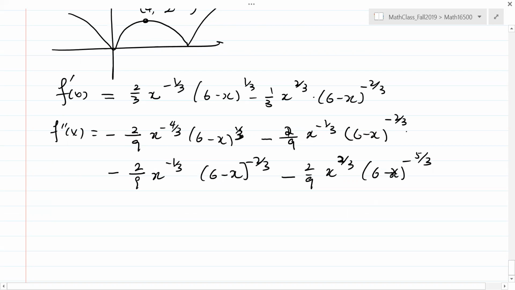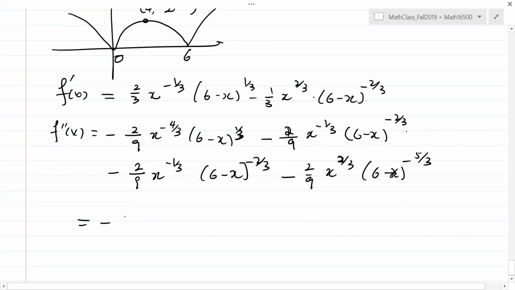So all the terms are negative, at least between 0 and 6, right? Can we prove this?